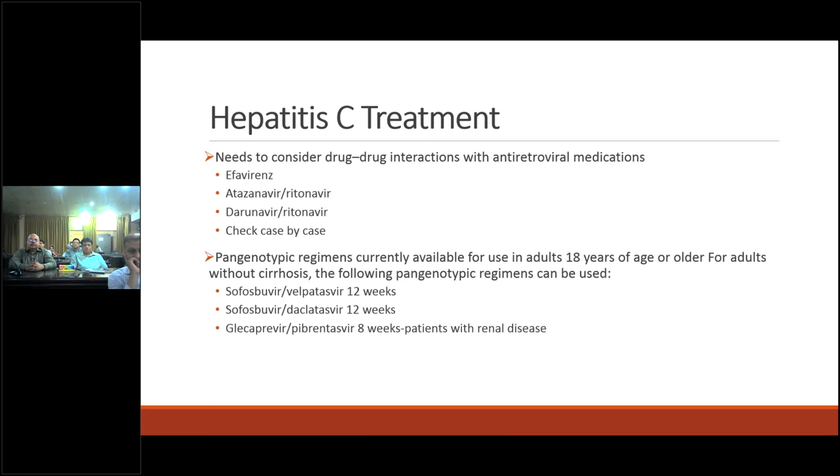Forms of transmission include mother-to-child transmission when mothers are infected with HIV, and in them the risk is 10 to 20%. Sexual intercourse, particularly men having sex with men.